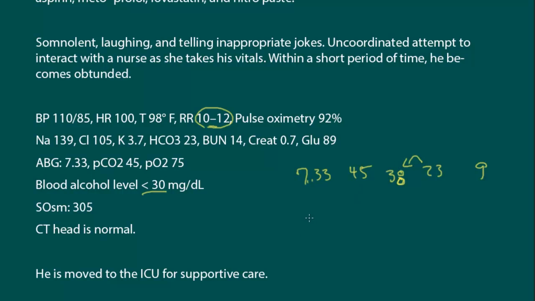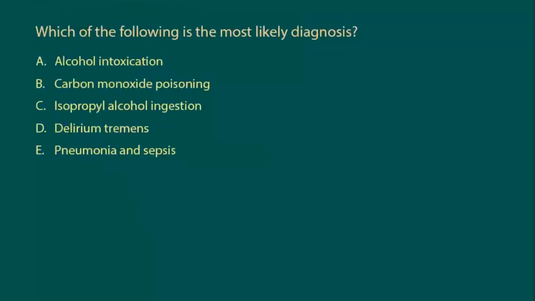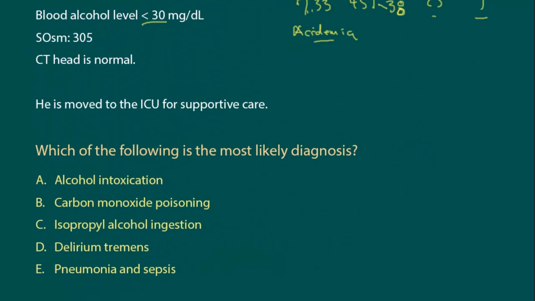Okay, going left to right. 7.33, we have primary disorder is an acidemia. And PCO2 is higher than expected PCO2. We're retaining carbon dioxide. He's hypoventilating. He has a respiratory acidosis. Bicarb is normal. Anion gap is normal.